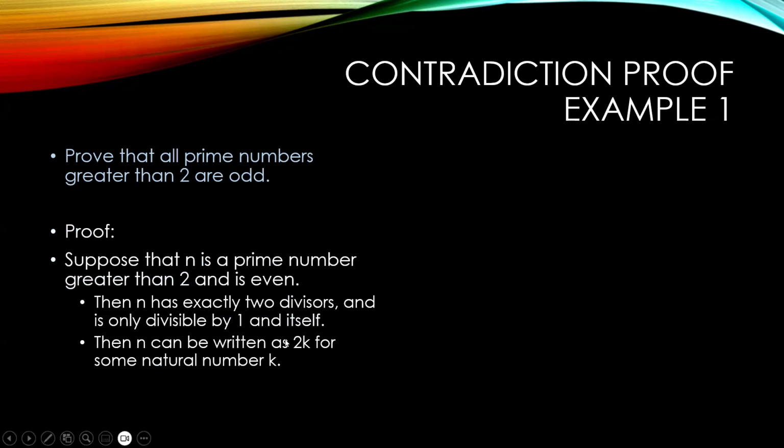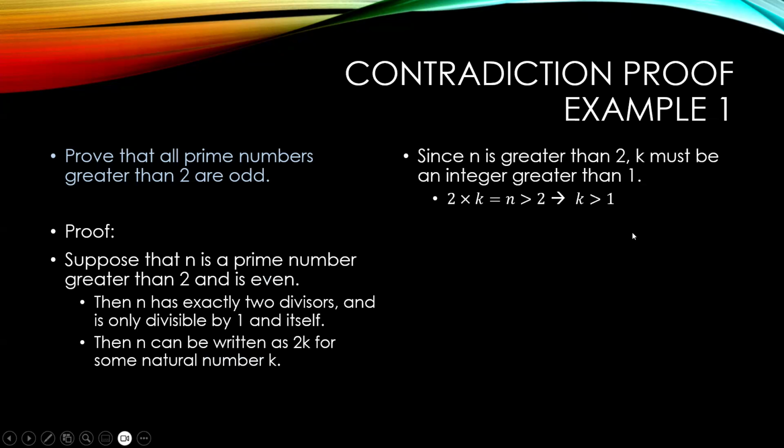Then n can be written as 2k for some natural number k. Well, that's what it means for the number to be even. Since n is greater than 2, k must be an integer greater than 1, because 2 times k is equal to n, which is greater than 2.